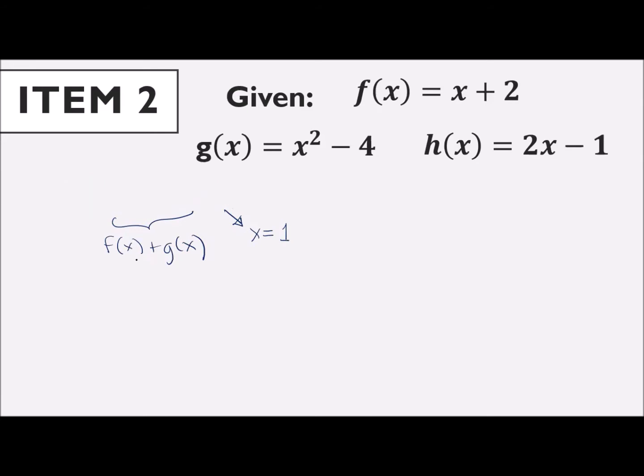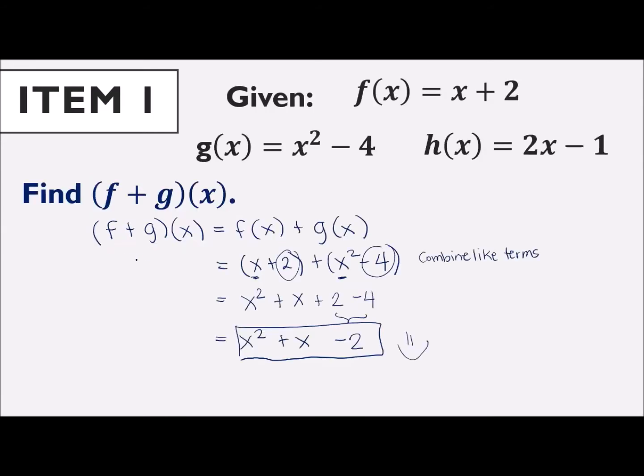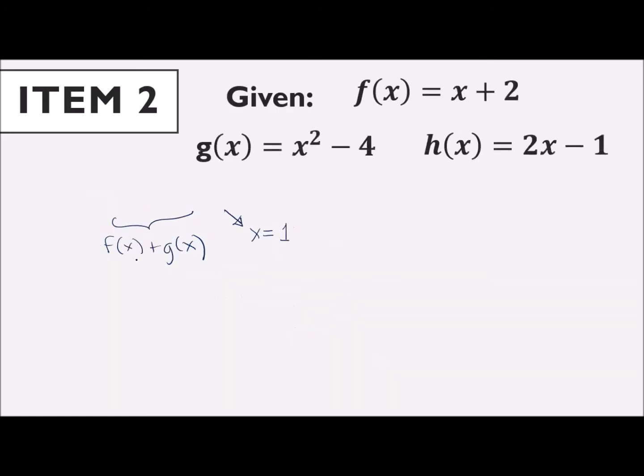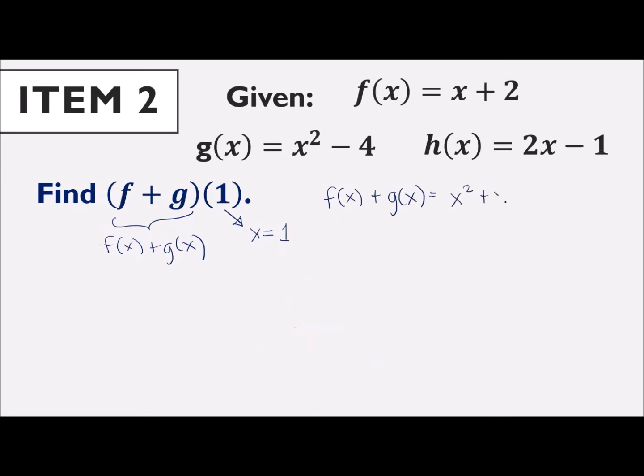Diba nasagutan na natin kanina to? Itong f of x plus g of x, balikan natin. Ang sagot natin dyan ay x squared plus x minus 2. So, kopyahin natin dito. f of x plus g of x is equal to x squared plus x minus 2.